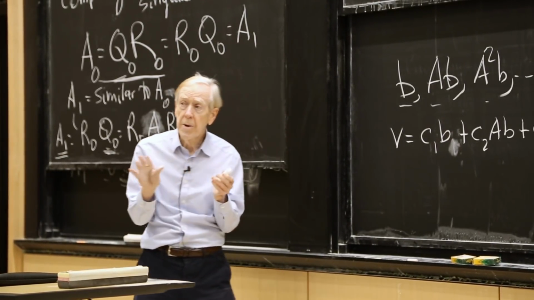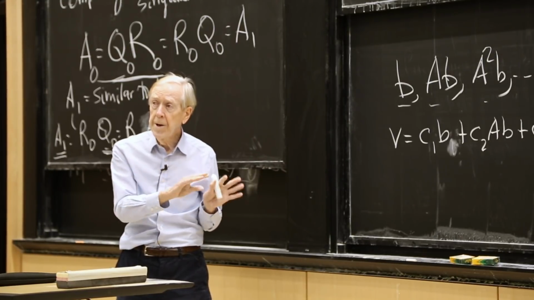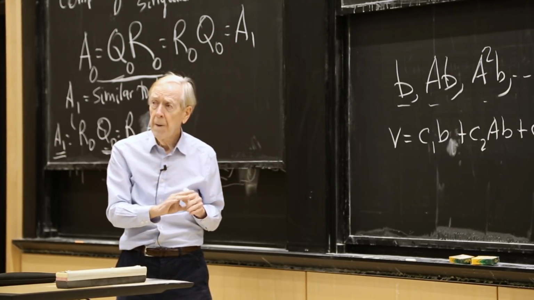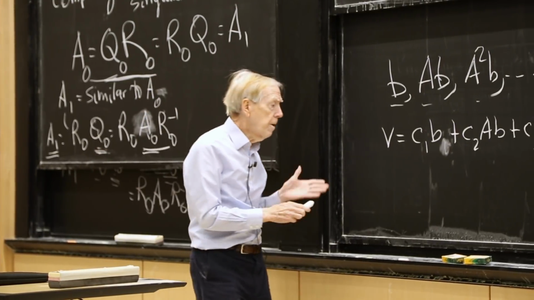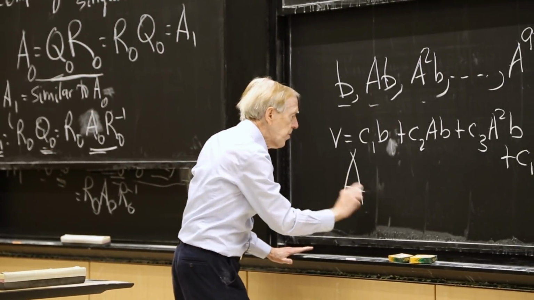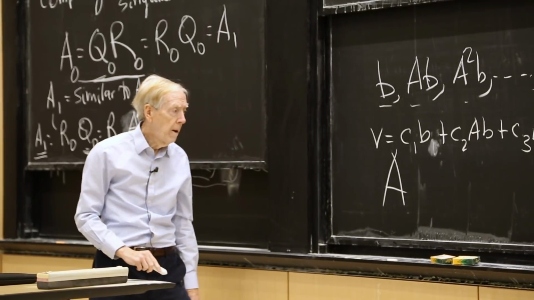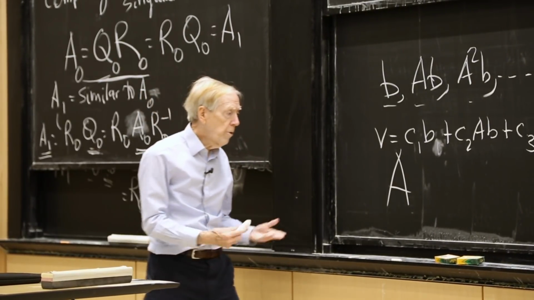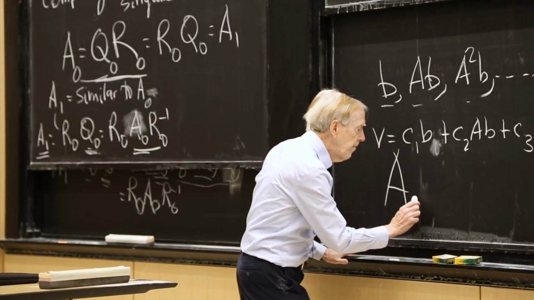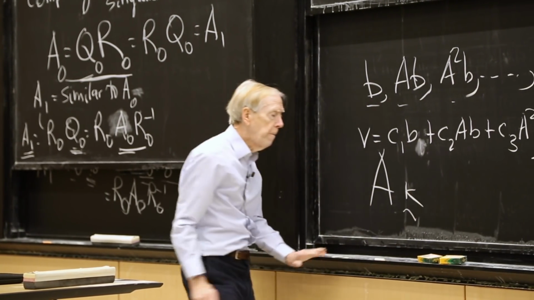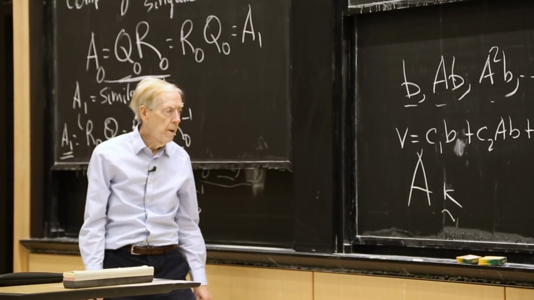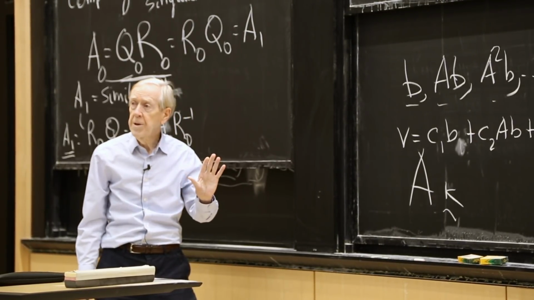Do you see sort of what I'm saying, even though I'm not giving the details? Think of a matrix A of size 1,000,000, and you apply it to Krylov vectors, so I call them little k for a Krylov vector, in this 100-dimensional space.